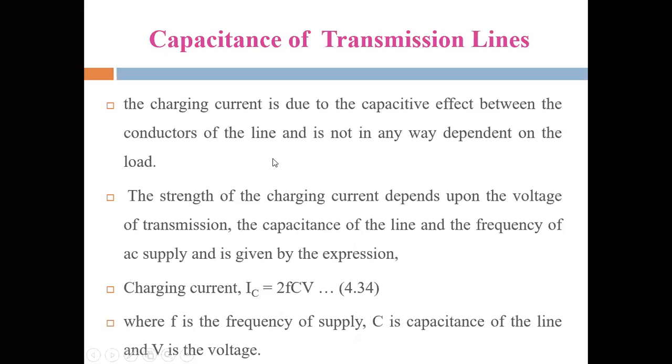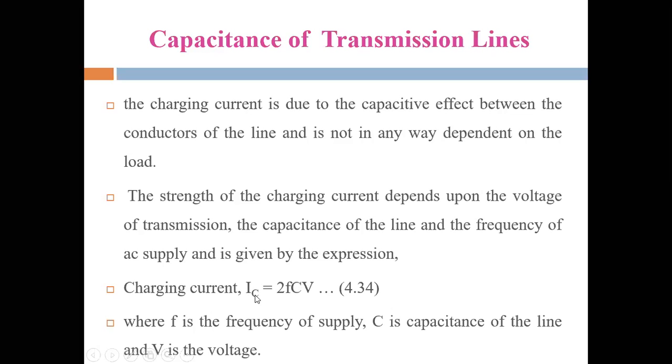That is IC. Therefore IC is equal to 2 pi F C V, where F is the supply frequency, C is the capacitance and V is the applied voltage. IC means the charging current.